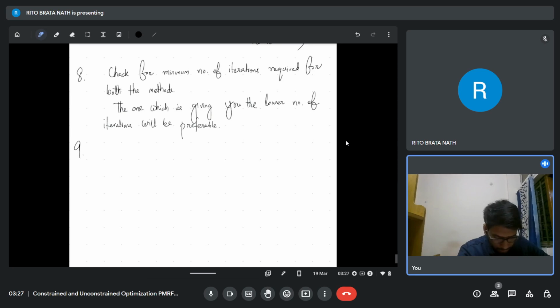The interval of uncertainty after the first step of Fibonacci method for minimization of this. It's again very similar. I think this assignment is also very easy and you can get it done very quickly. I'll discuss the detailed solution of the Fibonacci method next week.